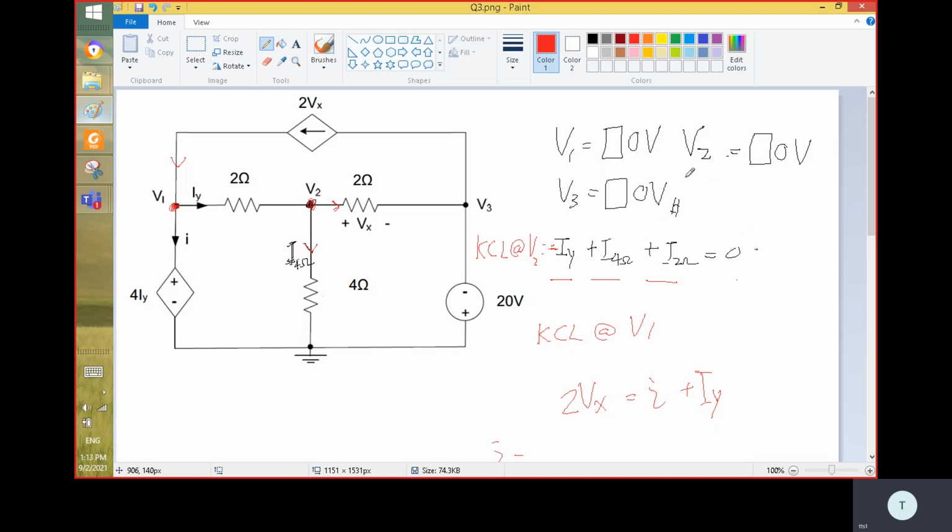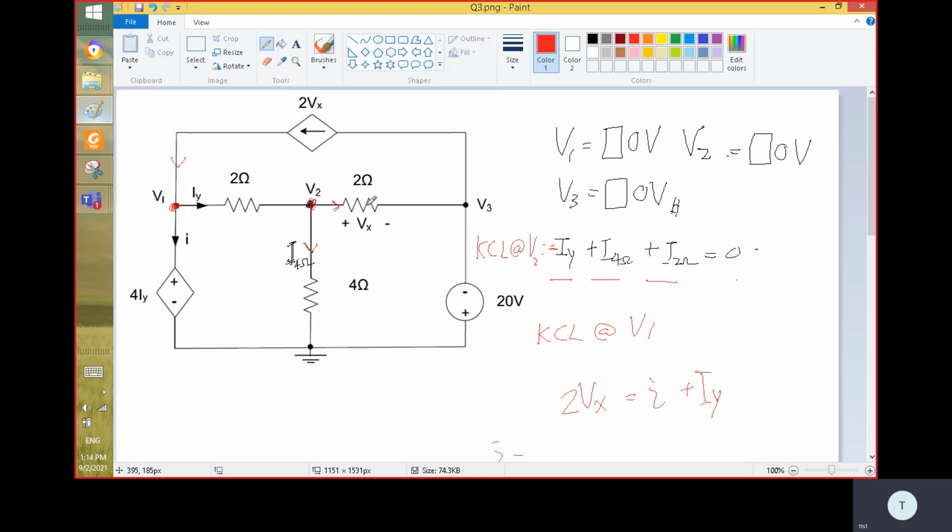Okay, so for the first step, you sum all the current here using the KCL at V2. So we assume, since the IY is flowing in this direction, the IY is going into the node V2. For this current, we have no idea whether it's going in or going out.